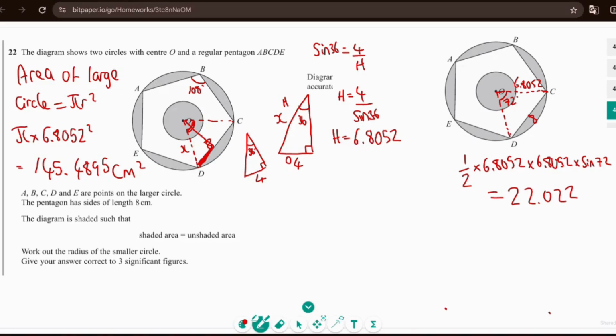Then I multiply this 22.022 by 5, which gives me 110.11. So this is the area of the pentagon.